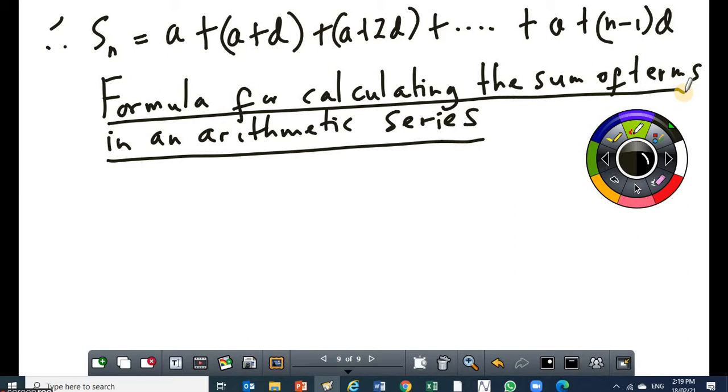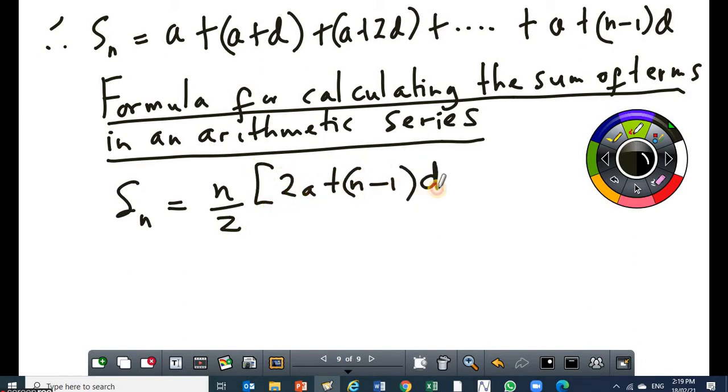Okay, the formula, I'm just going to write it down, then you derive that formula because it's part of your curriculum. You have to know how to derive the formula. So the formula is written as Sn equals n over 2 times (2a plus (n minus 1) times d).